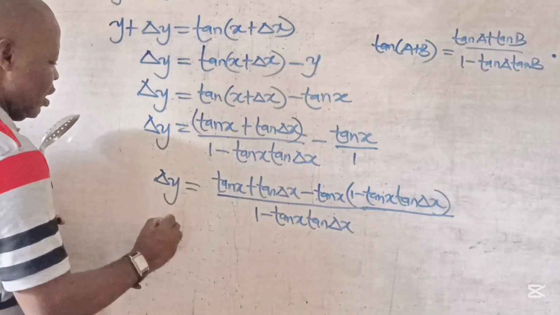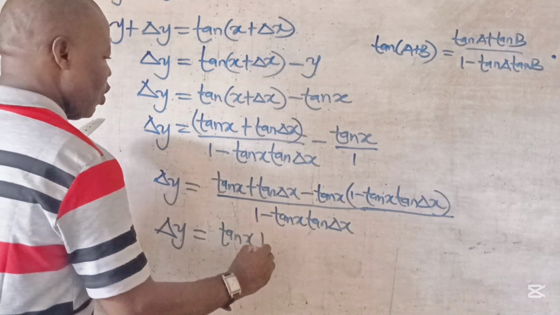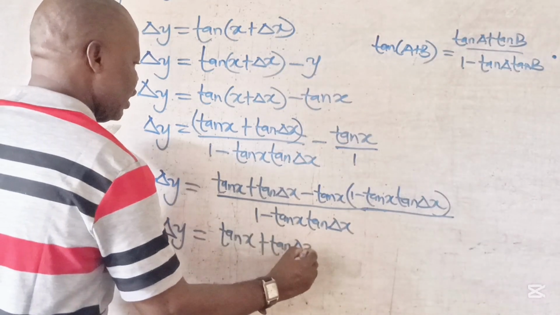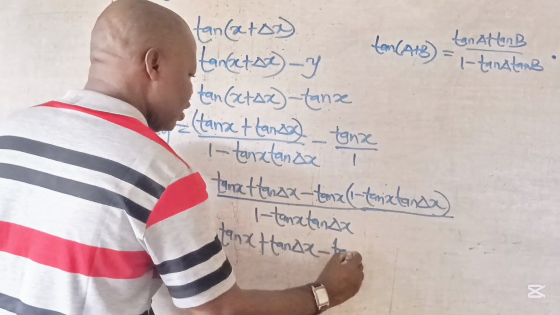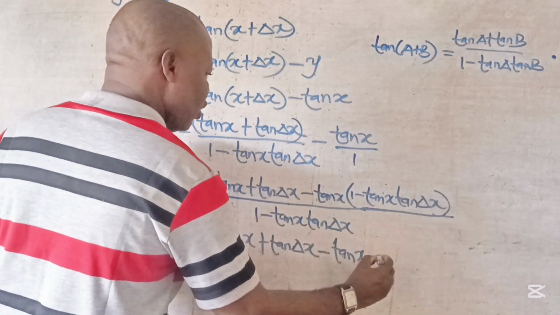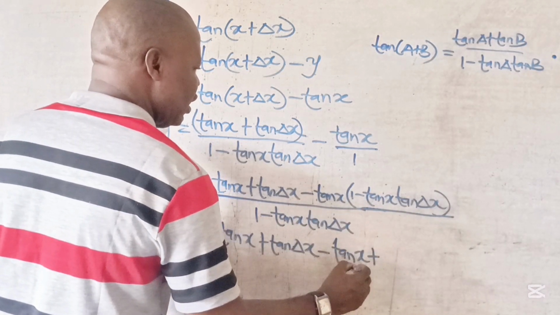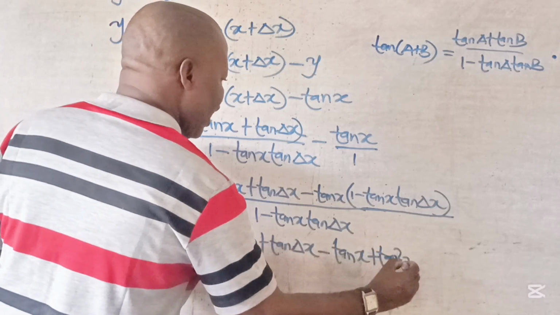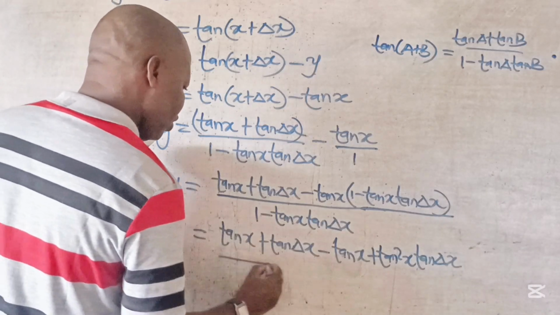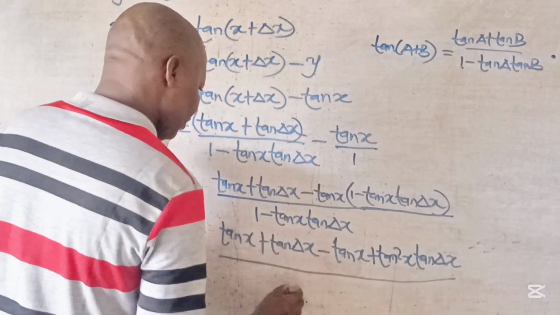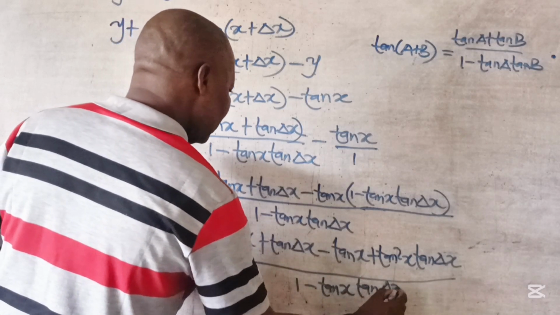The next thing is that change in y is equals to tan x plus tan change in x. This minus tan x will open that bracket. So we have minus tan x minus, that is plus, minus tan x times tan x, tan change in x, give us tan square x tan change in x. So everything over 1 minus tan x tan change in x.